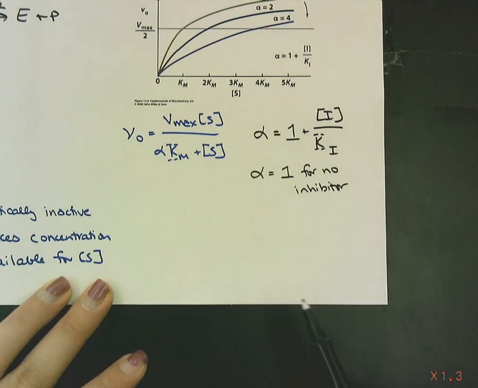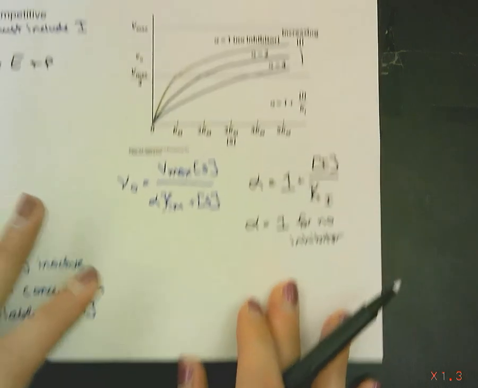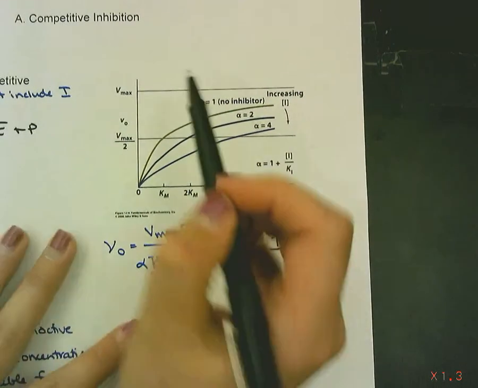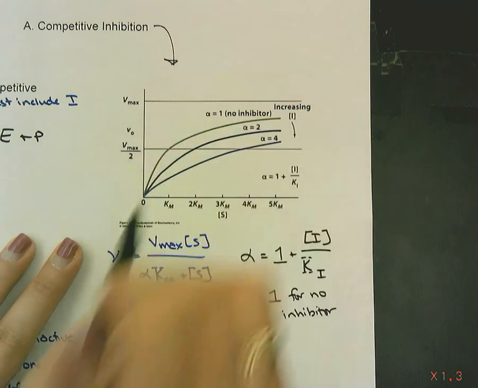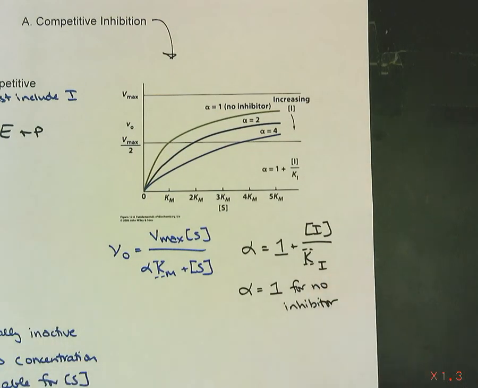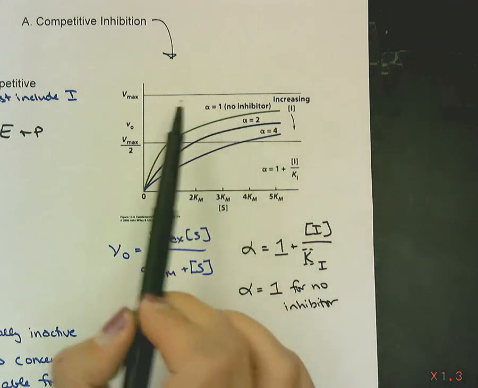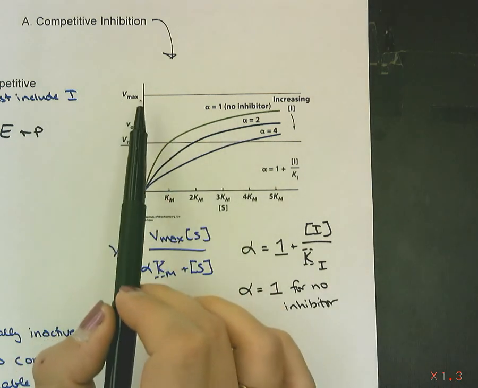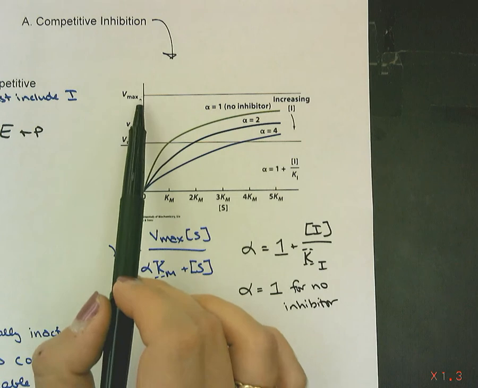I guess we'll look at the graph and that'll make more sense. So this is my competitive inhibition graph. I have Vmax as my maximum velocity for the reaction.